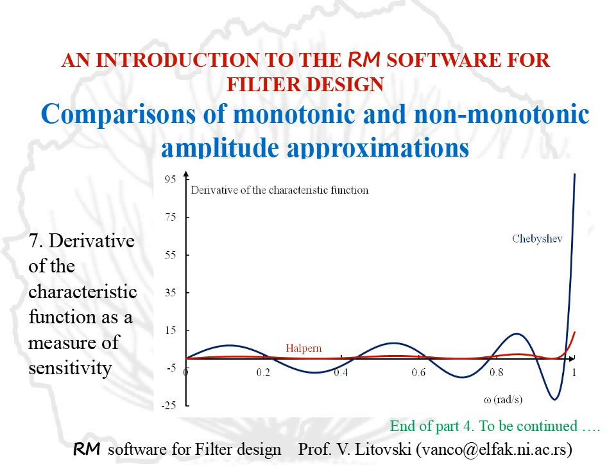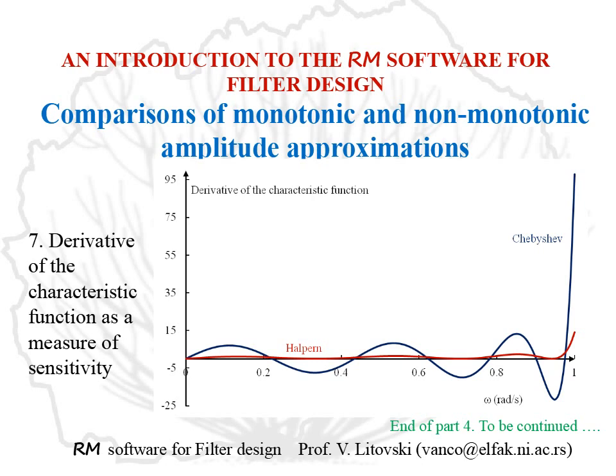One should have in mind that the Halpern solution has the largest derivative in the passband as compared with the rest of the monotonic filters, so any other monotonic filter will have smaller changes of the derivative of the characteristic function in the passband than the Halpern, and will be even better.